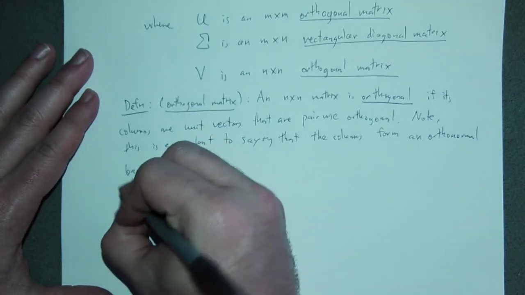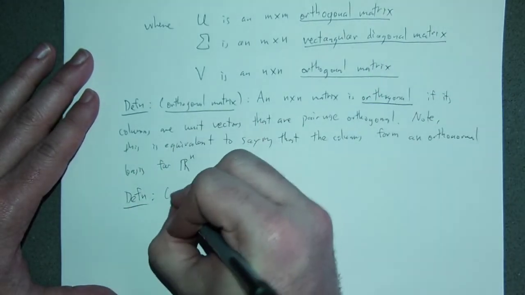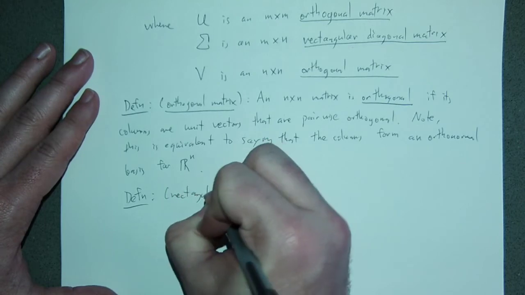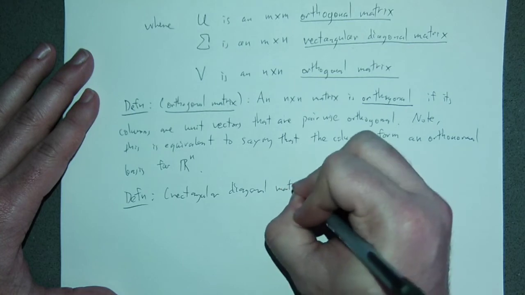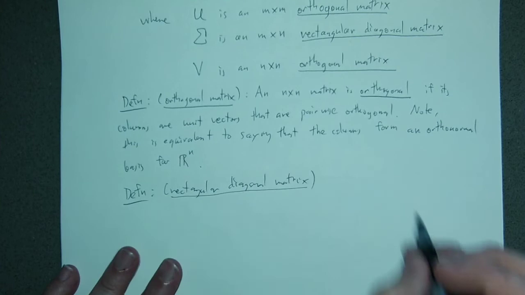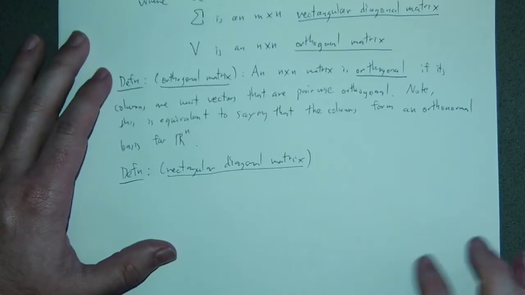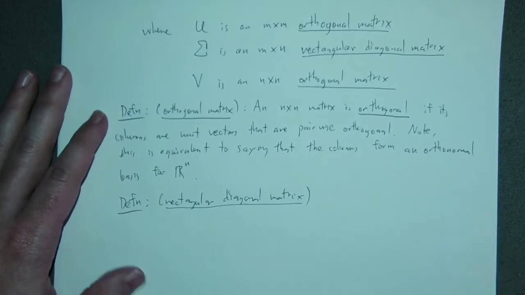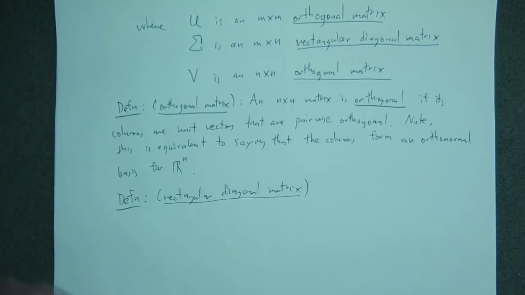A quick definition of the other term here. It's a little confusing. So, rectangular diagonal matrix. What is a rectangular diagonal matrix? Maybe rather than write it out, I'm just going to give a couple of examples. You can read the description. The point is that the only non-zero entries that are allowed are on what would be the diagonal if this was a square matrix.